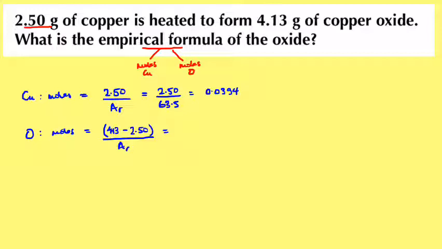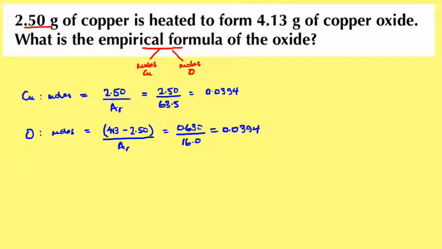Okay, so that's going to be 0.630 divided by 16, the atomic mass of oxygen, which also comes out at 0.0394.